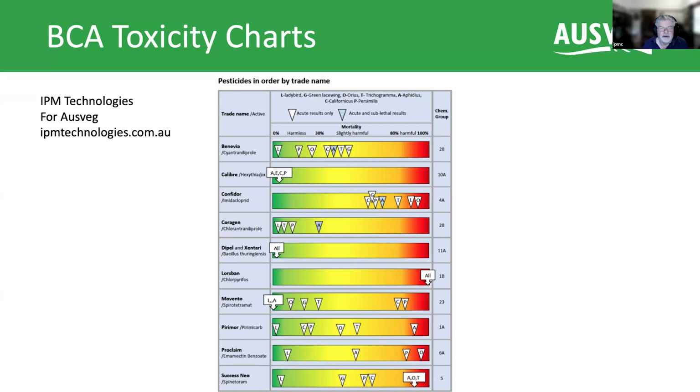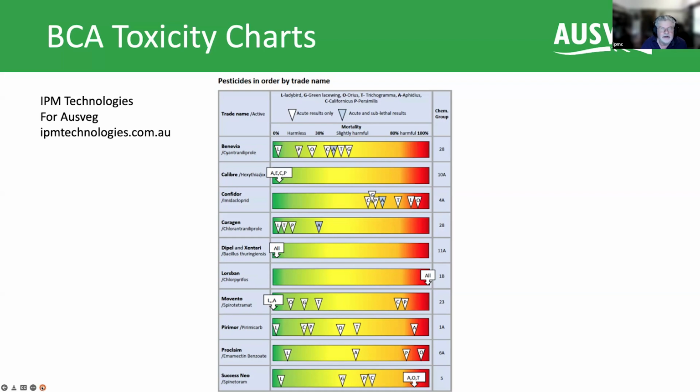They show what the chemical does to certain key beneficial insects so that you can decide, knowing what's active in your crop, what might be the best control option to use to protect the beneficials and to deal with a growing population of a pest.